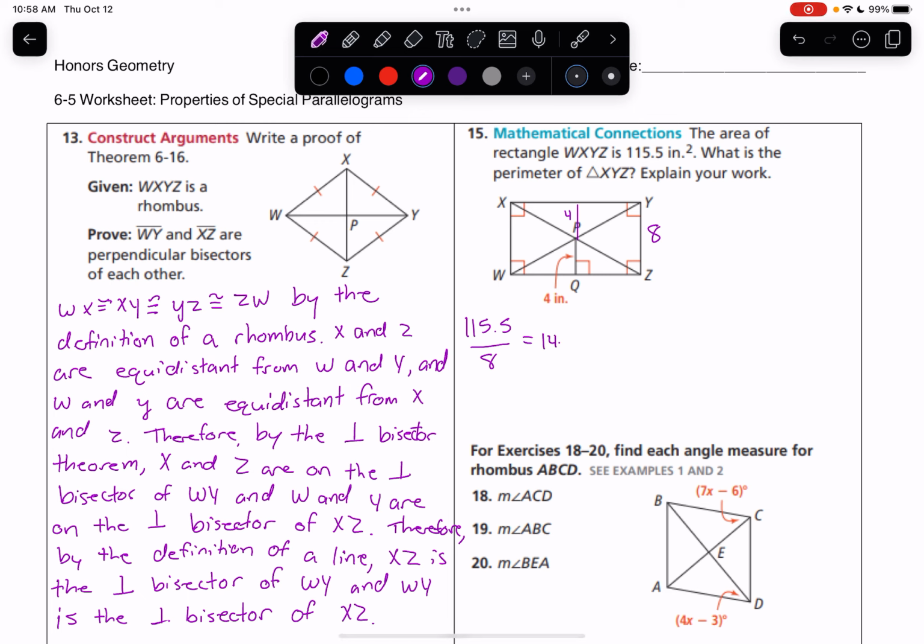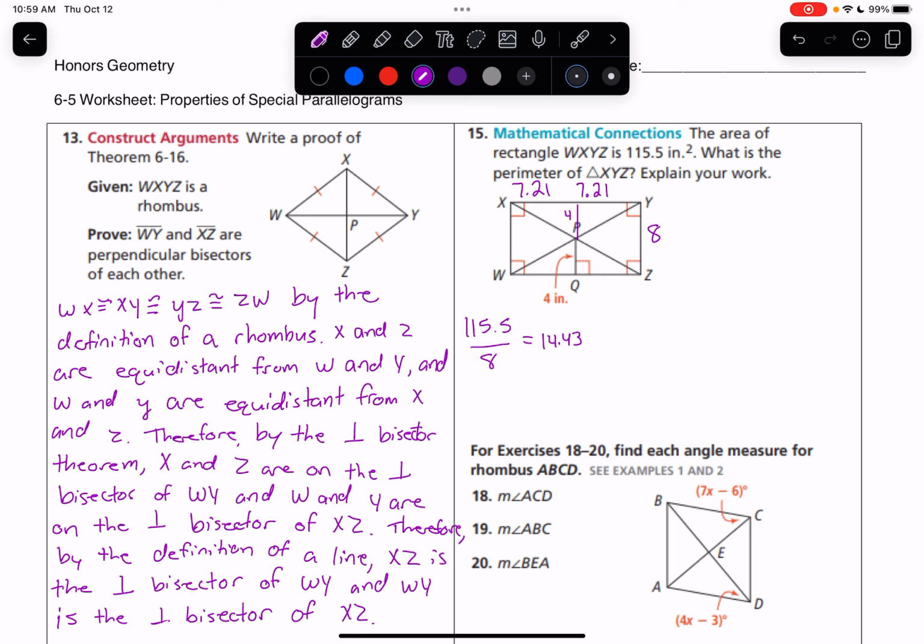I also know that when we are making the diagonals, they intersect at the center. So I know that I can divide this right in half and say that each of these is 7.21 approximately by rounding. It's like 7.215-ish or something like that.